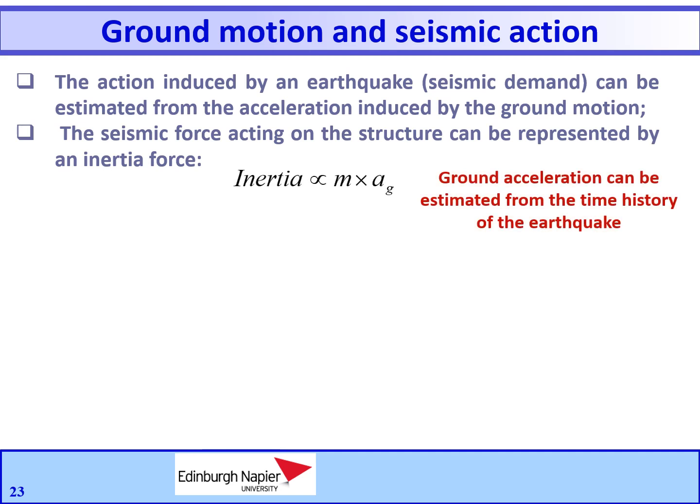The ground acceleration can be estimated from the time history of the earthquake. So a_g is now our ground acceleration, which multiplied by the mass of the structure, or the structural member, gives us the corresponding inertia force.